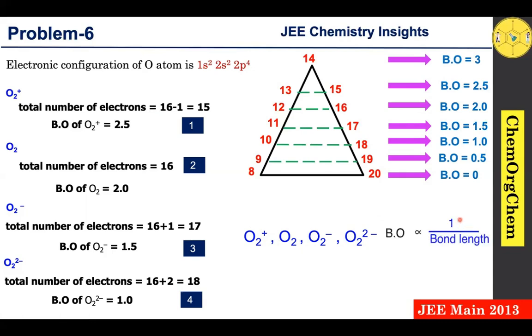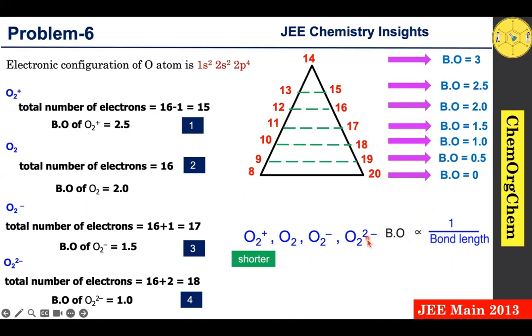We have a relationship that bond order is inversely proportional to bond length. Based on that, we can arrange the bond lengths of the given oxygen species. The bond order of O2+ is 2.5, which means its bond length should be shorter.